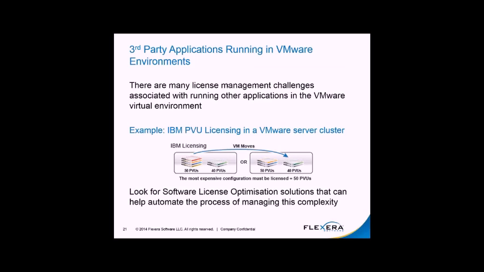They'll always charge you for the 50 PVUs, because that's the maximum available within that cluster, regardless of the fact that you've potentially only got it hosted on a 40 PVU machine. If it has access to another 10 cores or whatever it might be, then potentially you're exposing yourself to being licensed at a higher level. When we come to Oracle VM, we've got some specifics about partitioning and how that works, but it's applicable to any of these virtual environments.